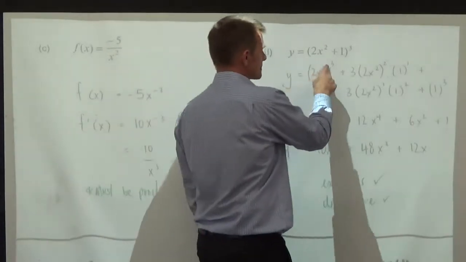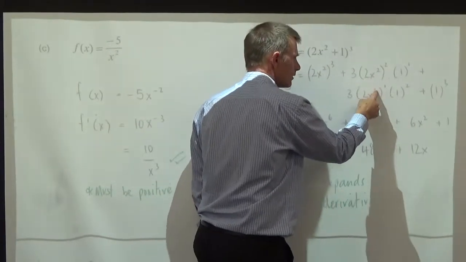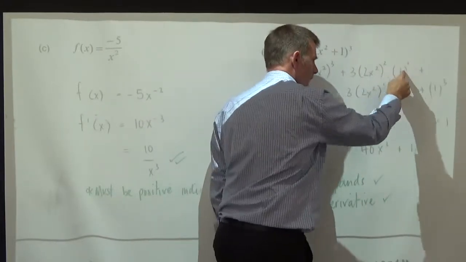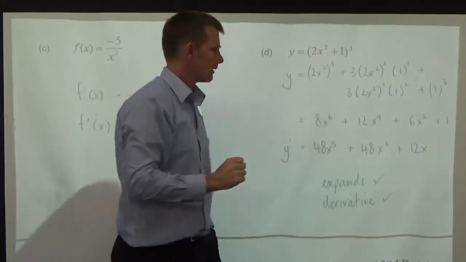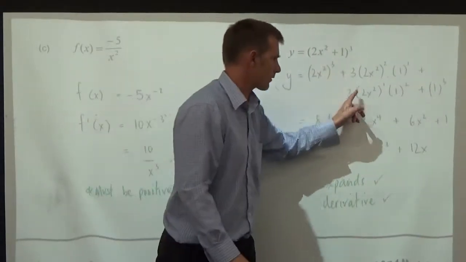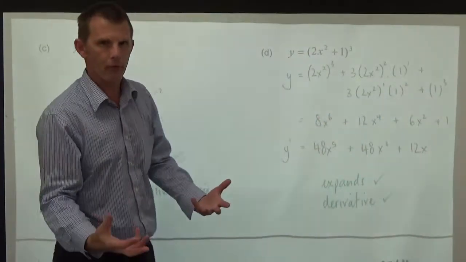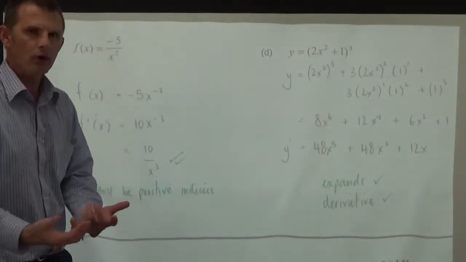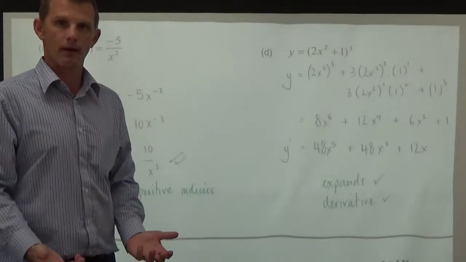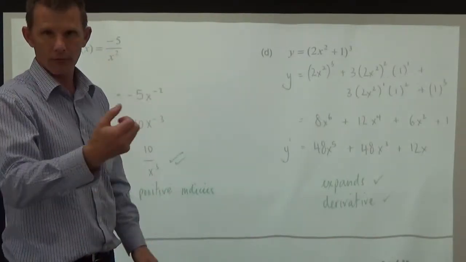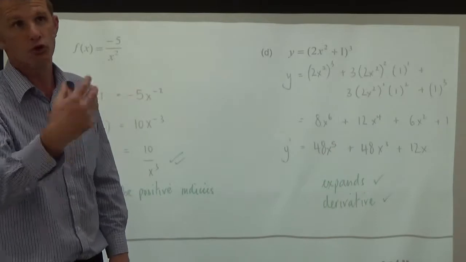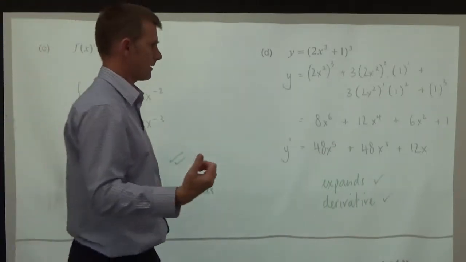See how as the first power is decreasing, the power of the second thing is increasing. And the coefficients of 1, 3, 3 and 1, I got those from Pascal's triangle, or you could use your combinations as well to get that. It's really 3 choose 0, 3 choose 1, 3 choose 2, and 3 choose 3.